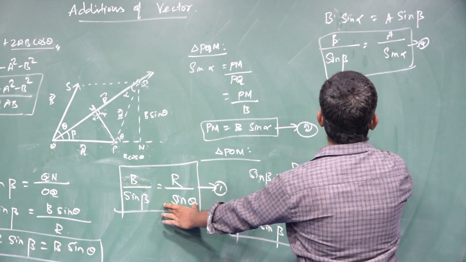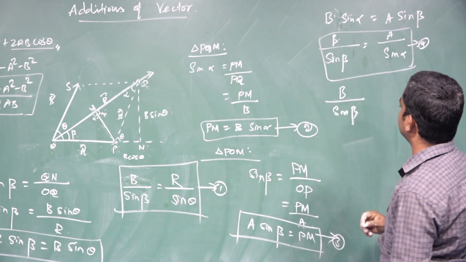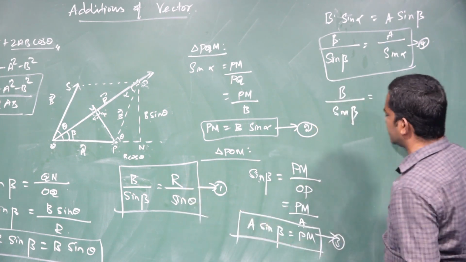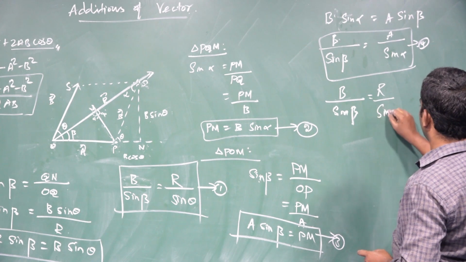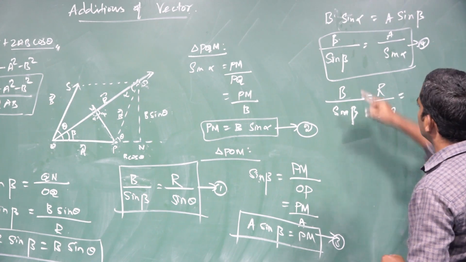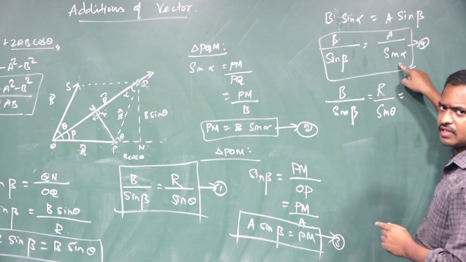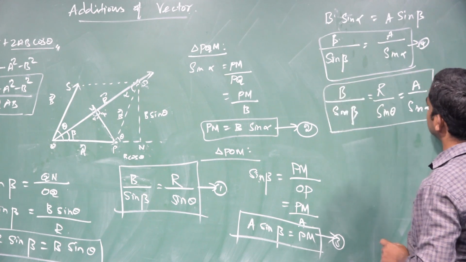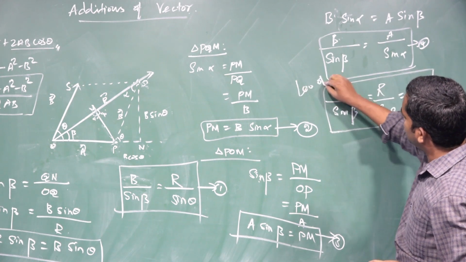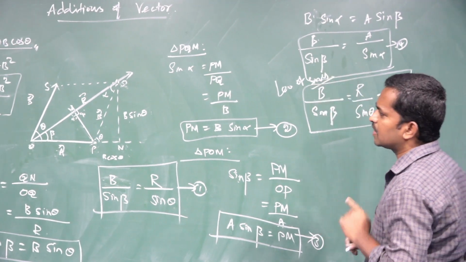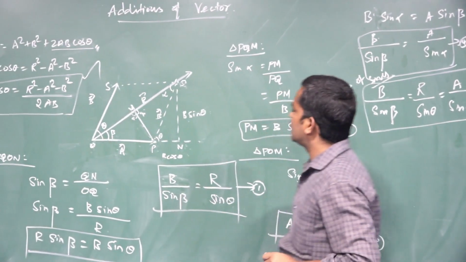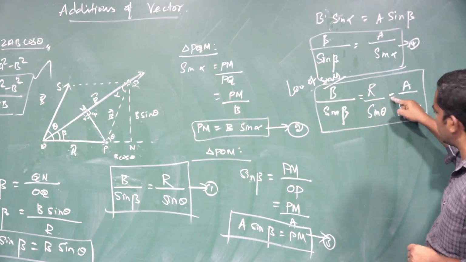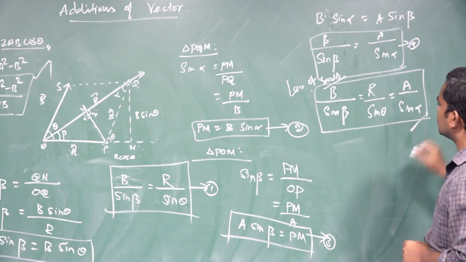So from equation number 1, R divided by sin theta is equal to B divided by sin beta, which is equal to A divided by sin alpha. This is the law of sines. I mean, this is not the law of cosine, this is the law of sines: B divided by sin beta equals R divided by sin theta equals A divided by sin alpha.